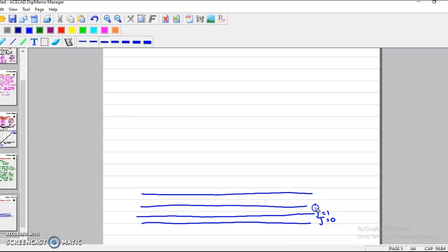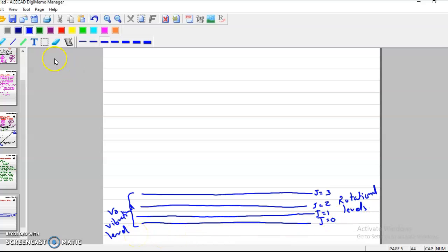J is equal to 1, J is equal to 2, J is equal to 3, like this. Okay, and all these are parts of vibrational level V0. This is the vibrational basic state and these are rotational levels. Rotational levels are fractions of vibrational levels.